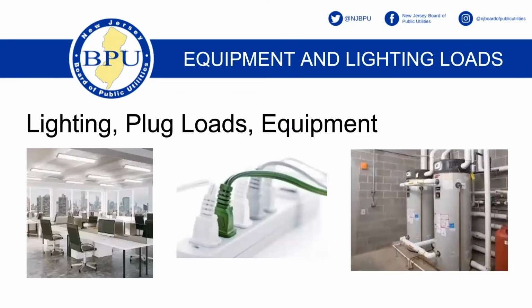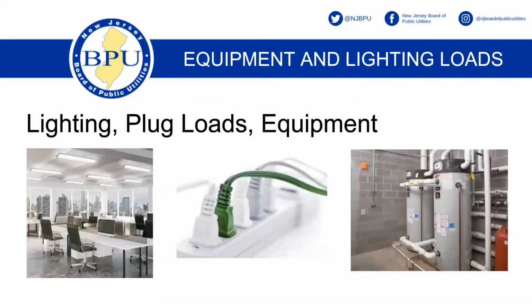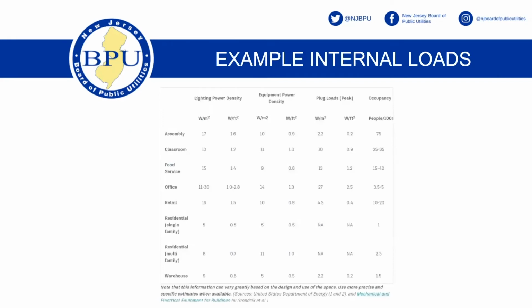Lighting, plug loads and equipment. These collectively actually amount to a lot. And we're going to start looking at basically, when we switch from that into here, where the lighting and the plug loads are.